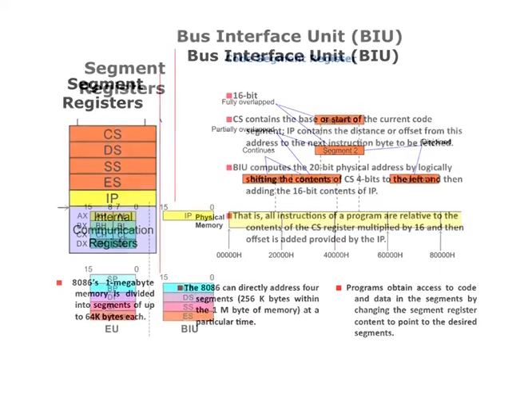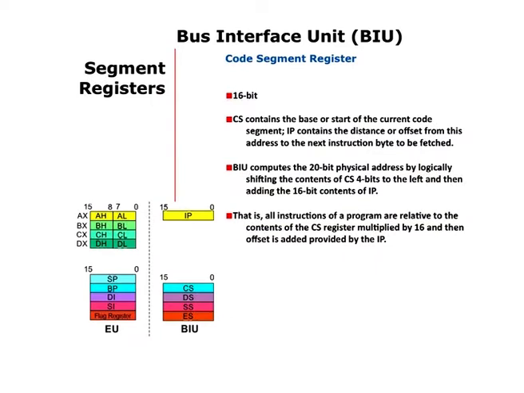Now let us discuss the various segment registers. First one is the code segment register. It is a 16-bit register. The code segment contains the base or the start of the current code segment. The IP register contains the distance or the offset from this address to the next instruction byte to be fetched. The bus interface unit computes the 20-bit physical address by logically shifting the contents of the code segment by 4 bits to the left and then adding the contents of the offset register to it.